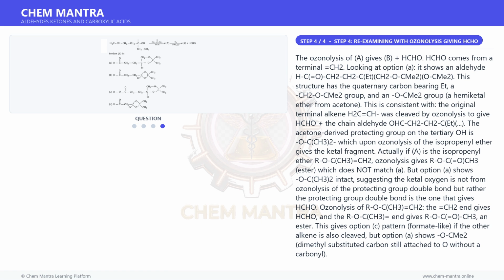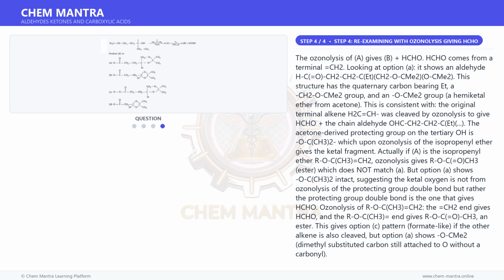The dioxolane ring is drawn open in A as CH2O, CMe2O, with CMe2 bridging two oxygens. The aldehyde comes from ozonolysis of the terminal alkene, H2C=CH, giving HCHO plus CHO, and the cyclic acetal, the dioxolane, is preserved. HCHO is the coproduct from the =CH2 end.